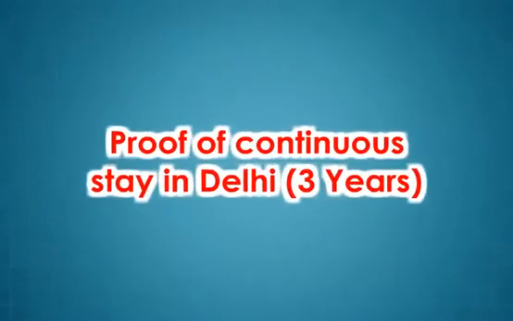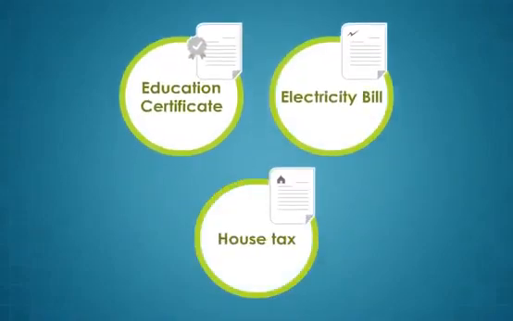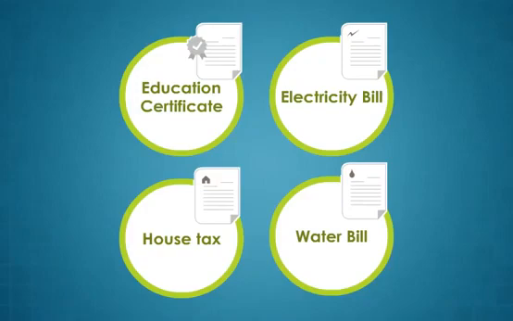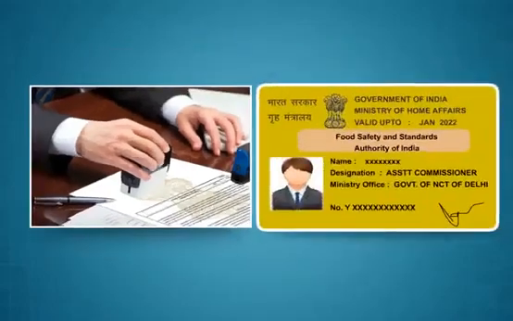Proof of continuous stay in Delhi for the last 3 years such as education certificate, electricity bill, house tax, water bill, etc. Note, it is important to know that all documents need to be attested by a gazetted officer. You also must attach a copy of his ID card along with his contact number.